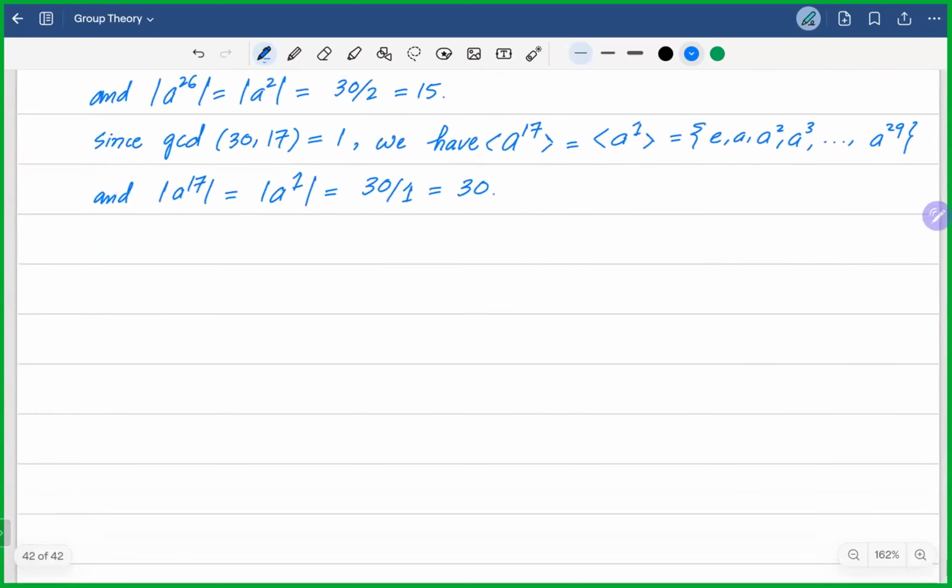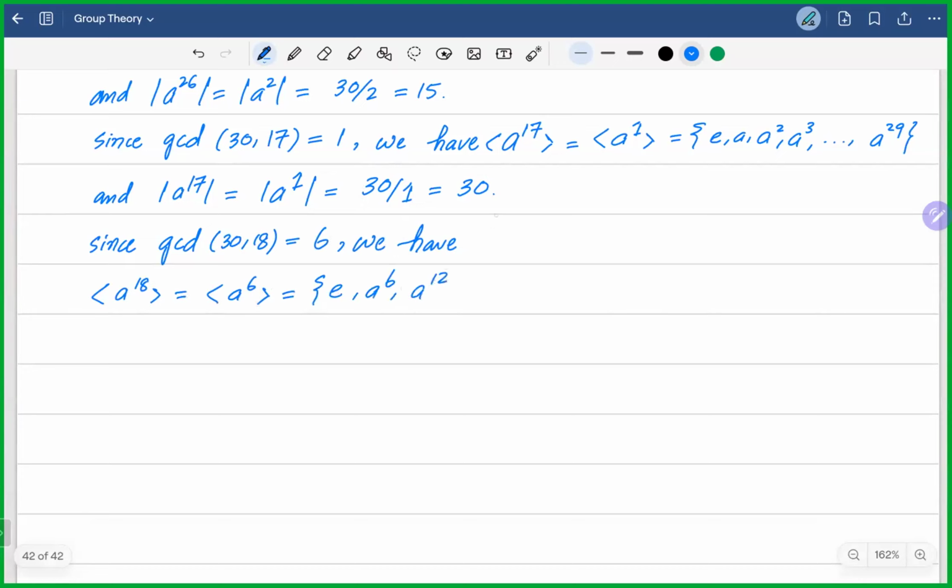Okay. Now, since again GCD of 30 comma 18 is going to be equal to 6, we have the set generated by a power 18 is equal to the set generated by a power 6, and that is going to be e, a power 6, a power 12, a power 18, a power 24, and so on.